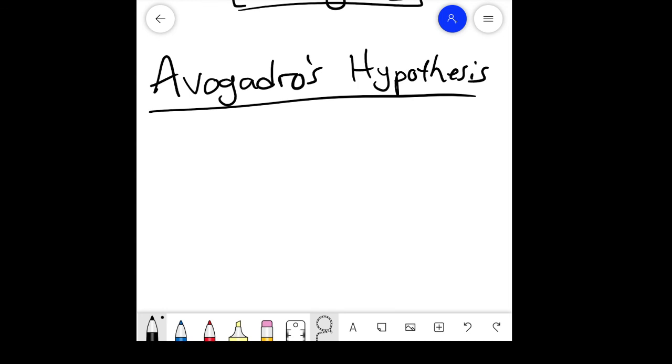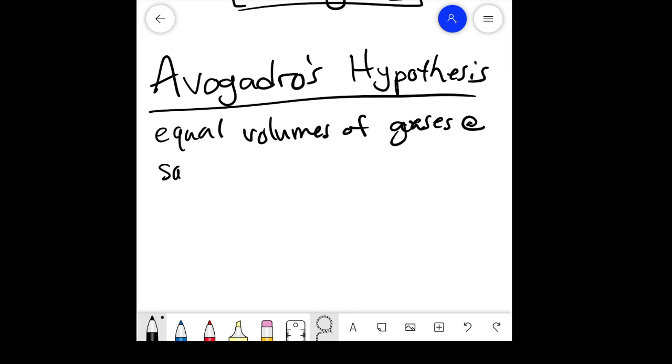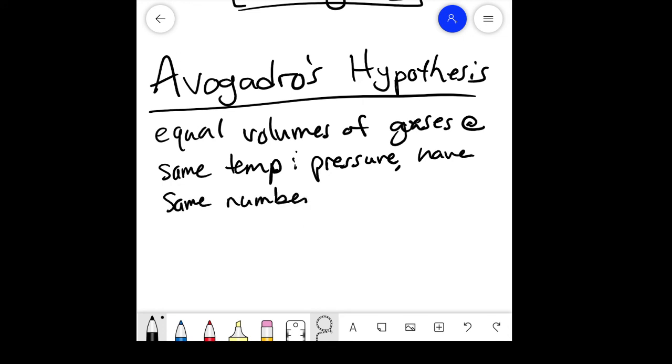Okay, Avogadro's hypothesis was equal volumes of gases at the same temperature and pressure have the same number of molecules.